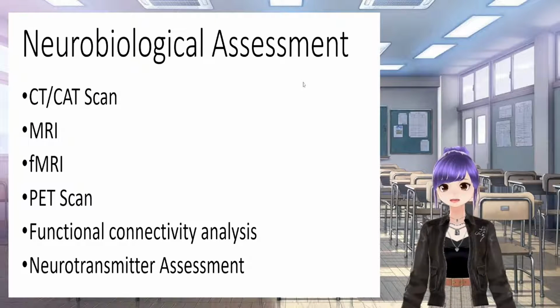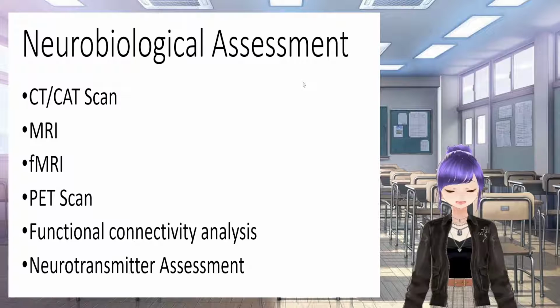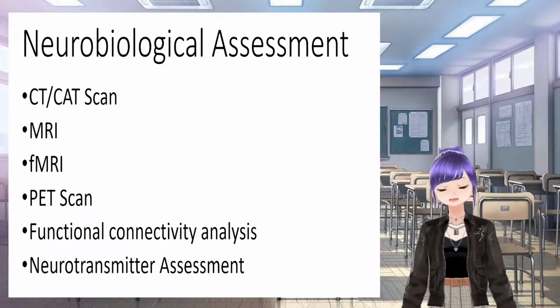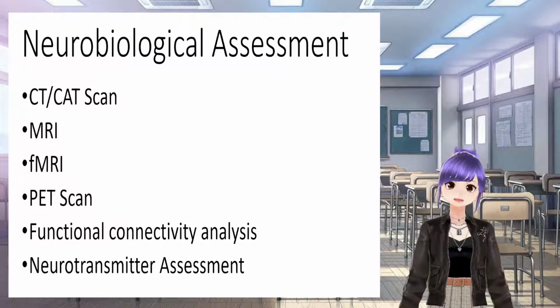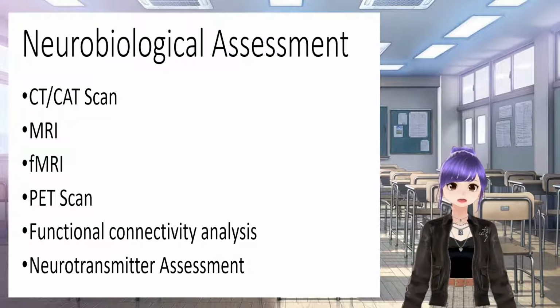In neurobiological assessment, there are different neurobiological tests such as checking reflexes, examining the retina, and evaluating motor coordination and perception. This is to identify physical symptoms, especially to know whether the cause of a certain disorder is organic. When we say organic, it means this is coming from a deficiency or a problem in a certain organ or body part.